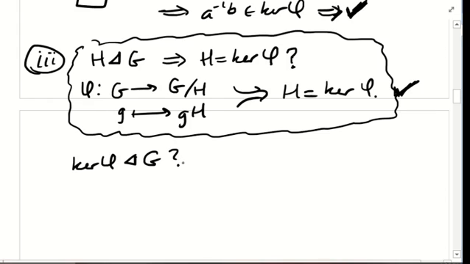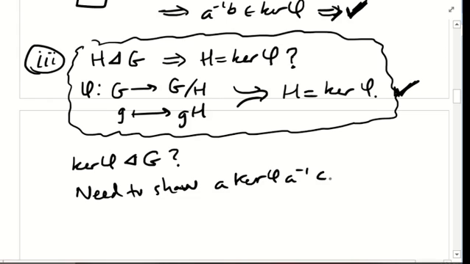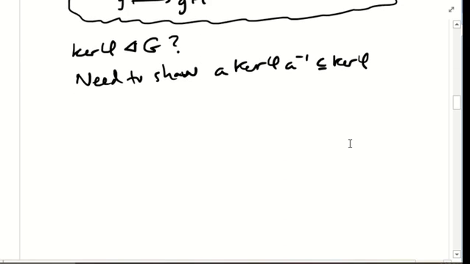Is the question, and we need to show that A kernel phi A inverse is a subset of the kernel, right? That's one way to show something is normal, okay? So let's take anything of the form A K A inverse, where K is in the kernel.